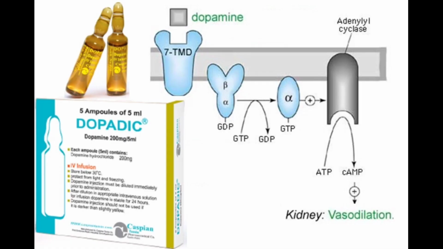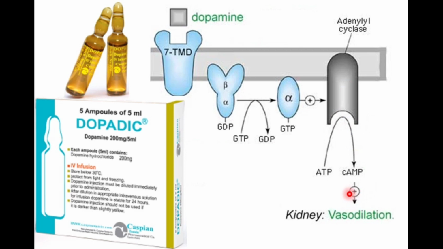Dopamine has mixed vasodilator and vasoconstrictor action. Dopamine activates dopamine receptors on renal blood vessels. The dopamine receptor is associated with adenylyl cyclase.